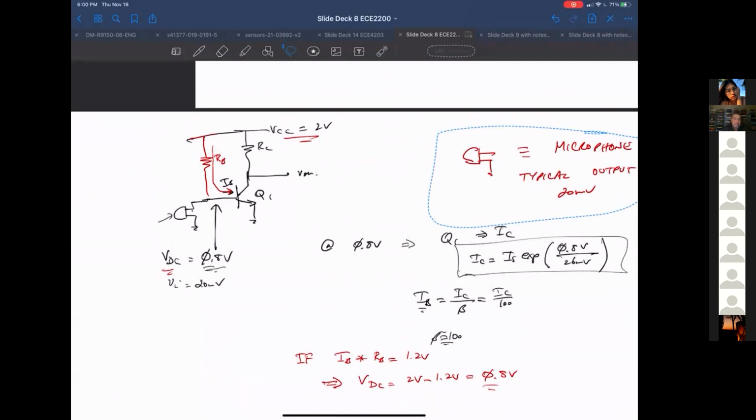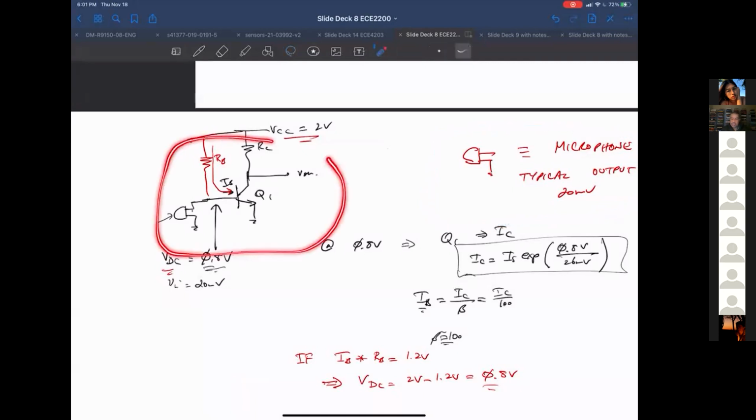It's a mechanical device that works with your voice, with air pressure. And that voltage is also not riding on a bias voltage. It's just plain old 20 millivolts sitting on ground, over 0 volts. So you have to somehow bring that up so that you can gain it up with an amplifier following it.